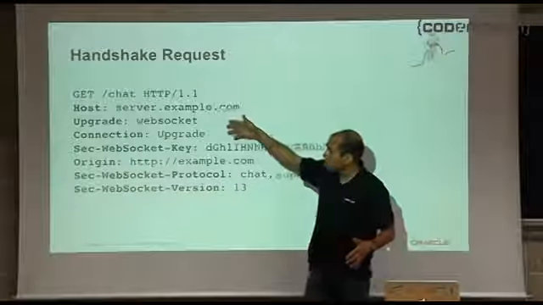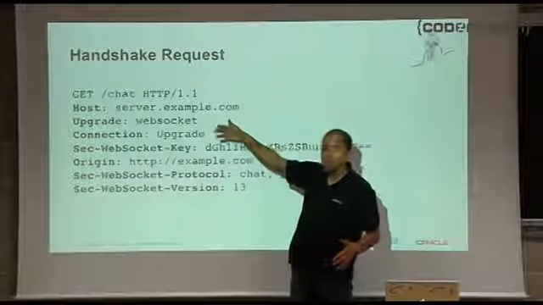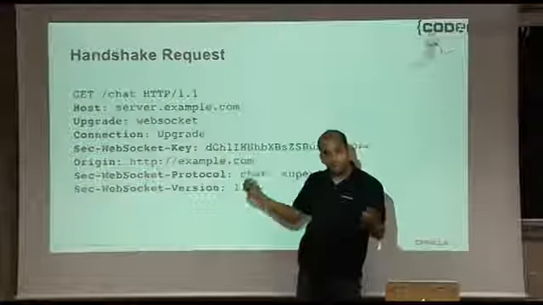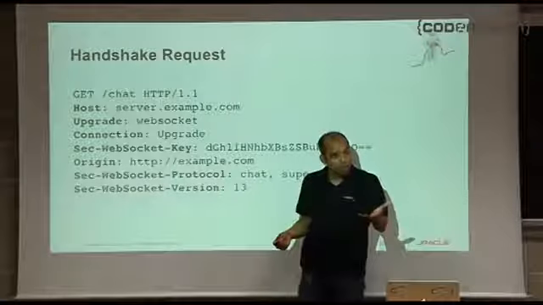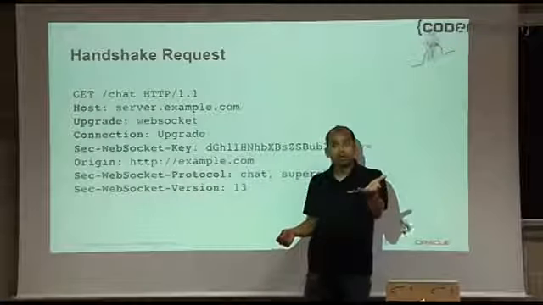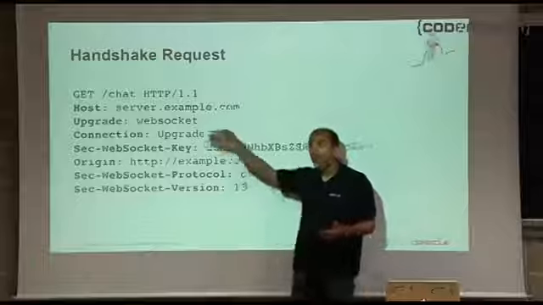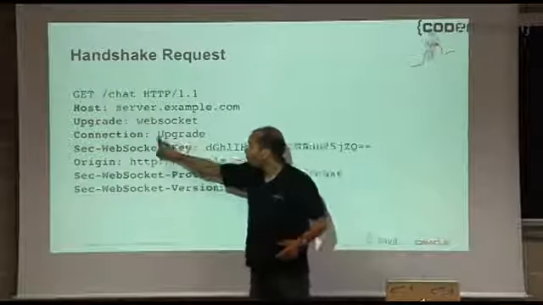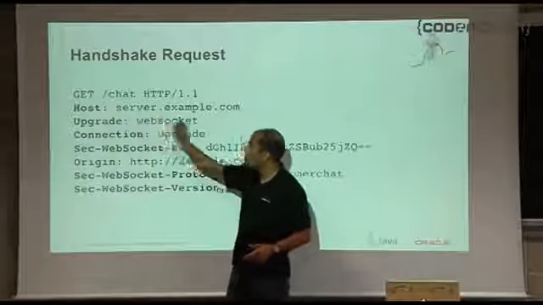The important headers to recognize over here are Upgrade and Connection. Those are standard HTTP headers. HTTP defines the upgrade mechanism by which you can upgrade an HTTP connection to a newer version of HTTP. They happen to be using this for WebSocket. So it's the standard HTTP header saying upgrade the connection, and upgrade to WebSocket.